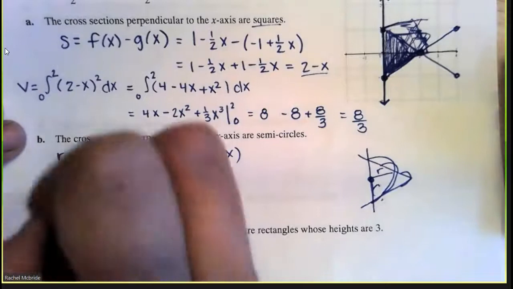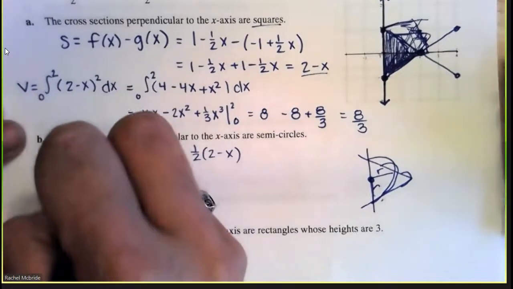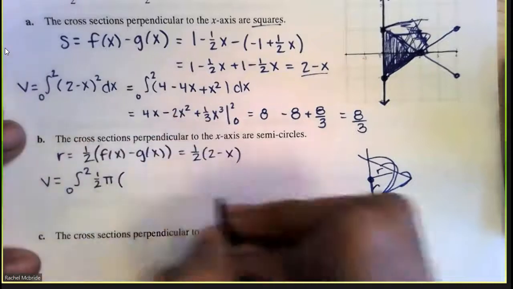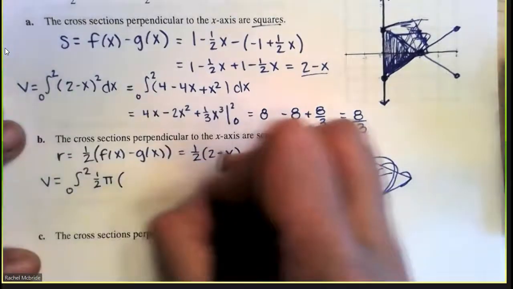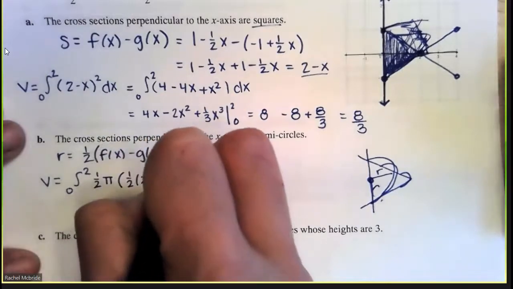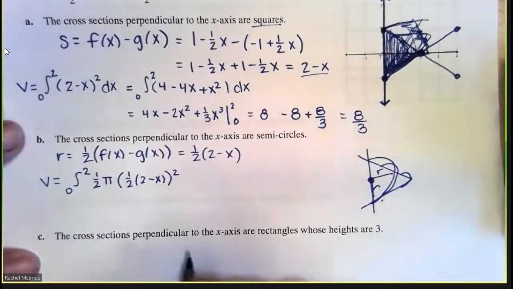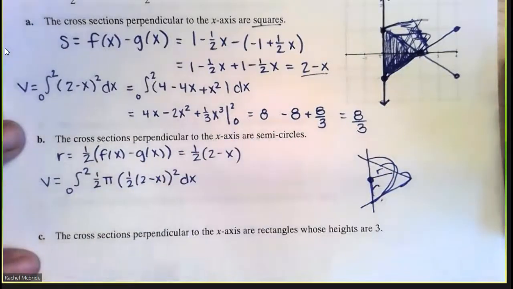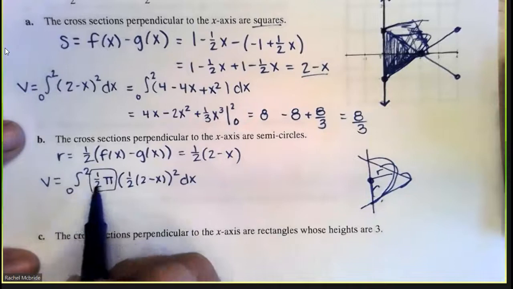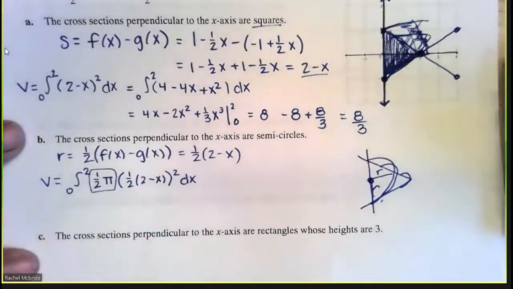And now it's the semicircle. So area of a semicircle is 1/2 pi r squared. So r is 1/2 (2 minus x), squared. If you recall our rules, 1/2 and pi is a constant, so it can come out in front of my equation.